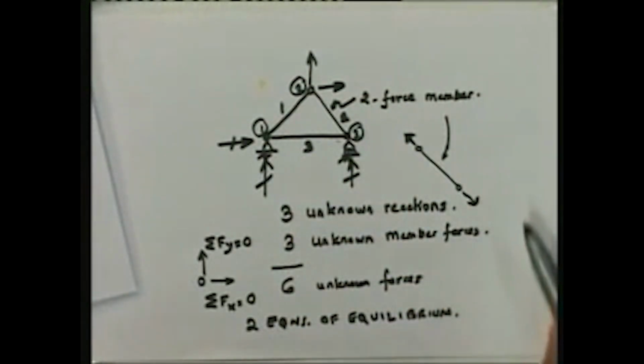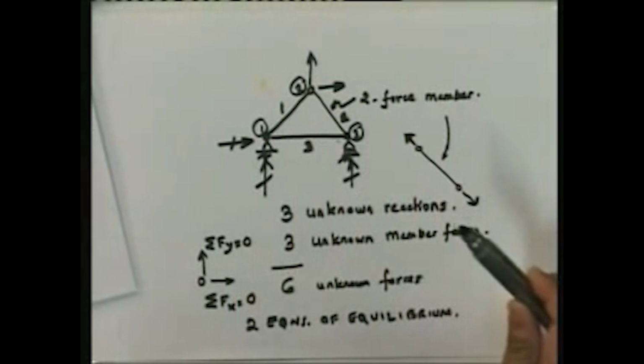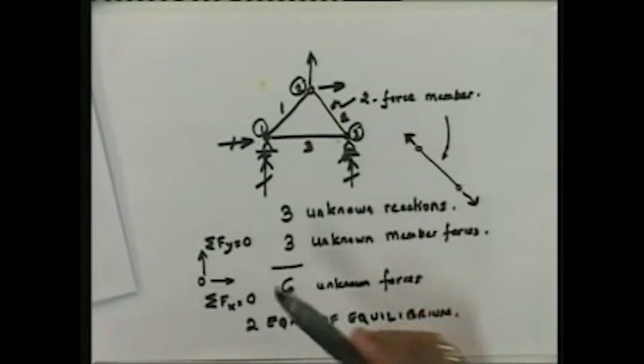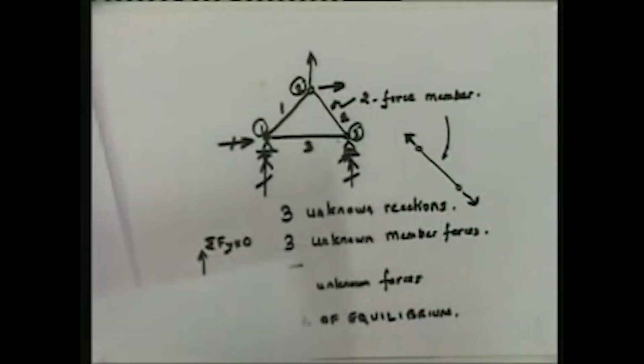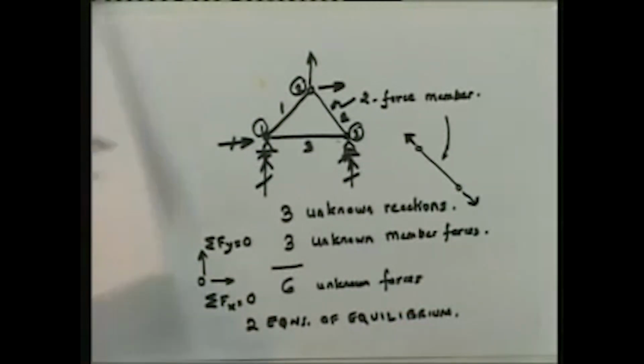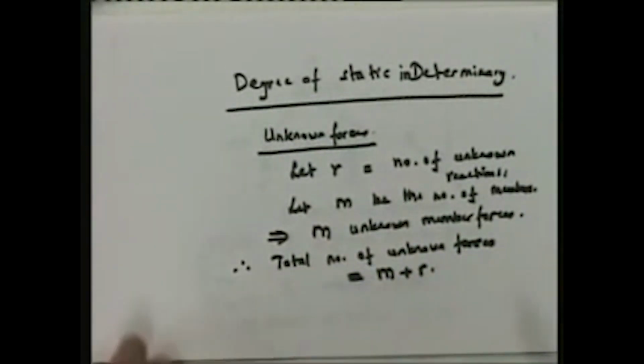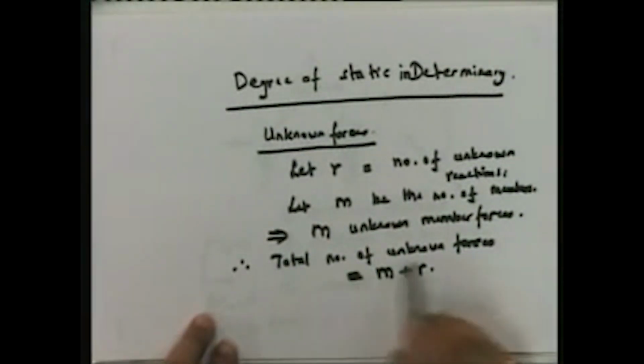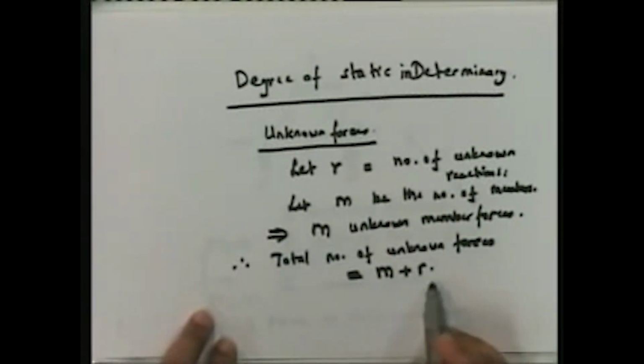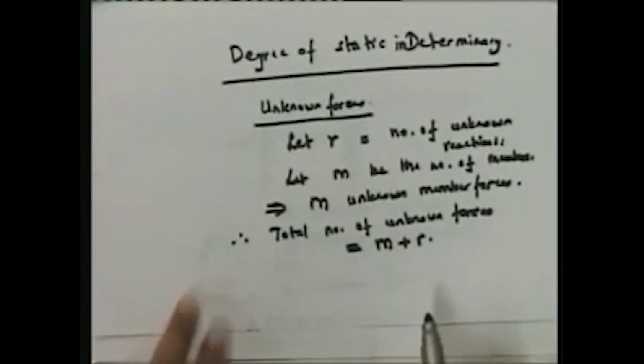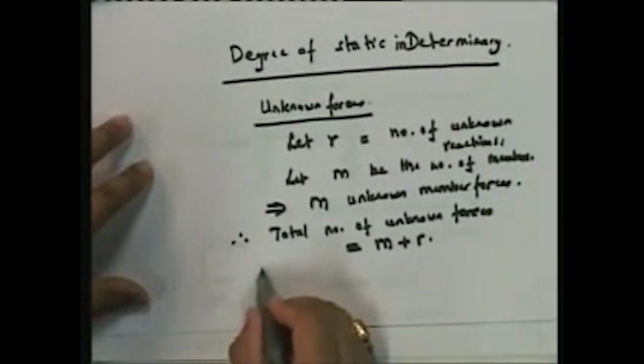In this particular case, it's in the plane of the paper. So that's a planar truss. So now I'm looking at planar trusses. When you have a planar truss, you have a total number of unknown forces equal to M plus R. What are the total number of equilibrium equations?